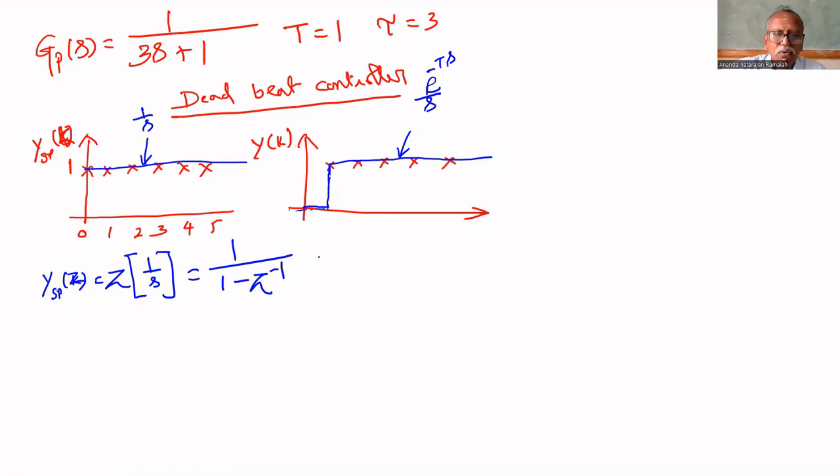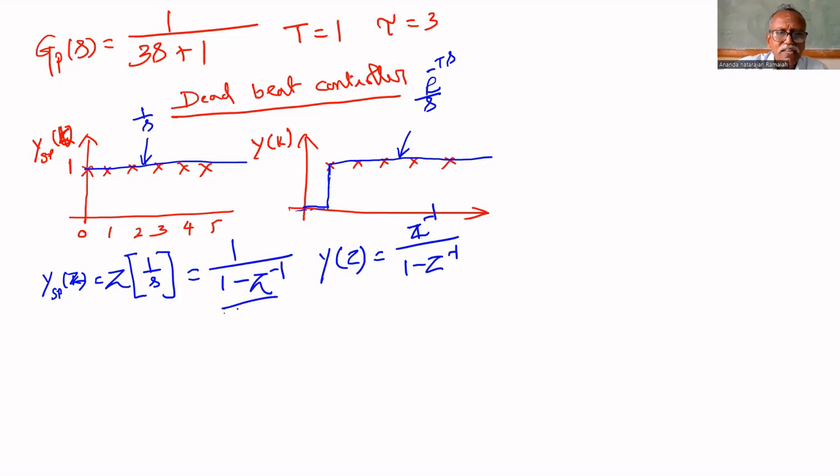Y of z is 1 by 1 minus z power minus 1, with e power minus T s, where sampling period T equal to 1. Because of the one sampling period delay, we write z power minus 1. Delay can be represented in Z domain by z power minus 1. Z power minus 2 means 2 sampling periods delay, and so on.